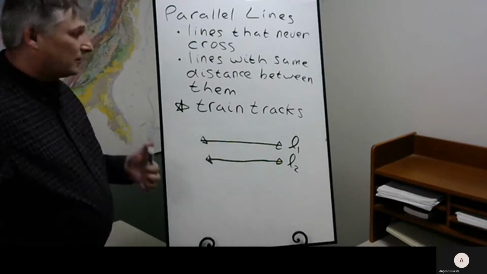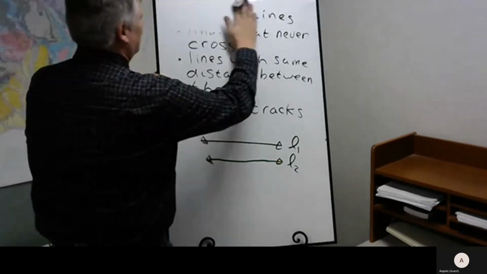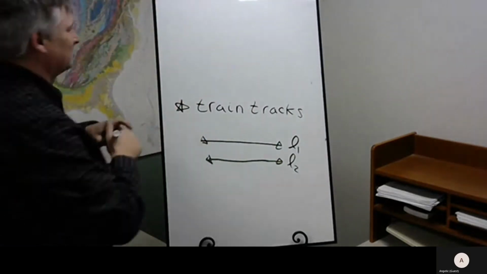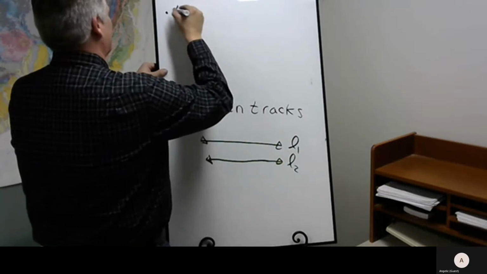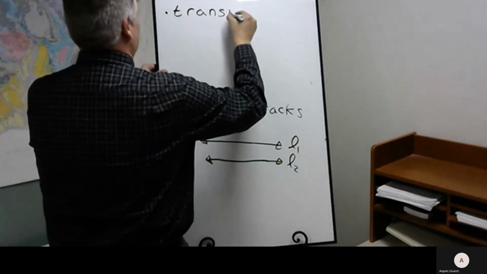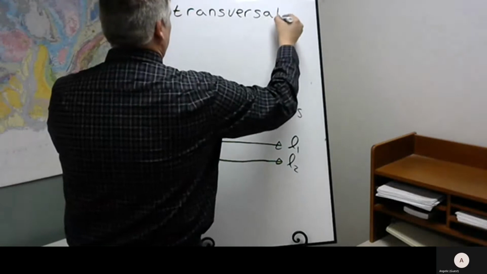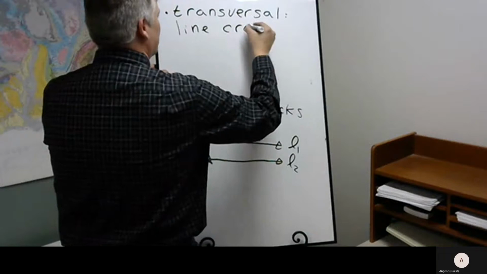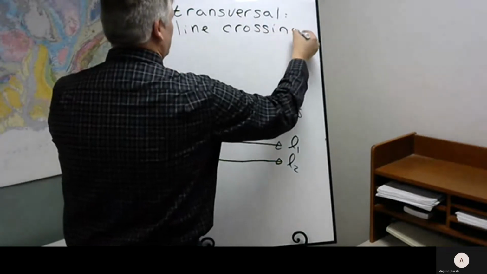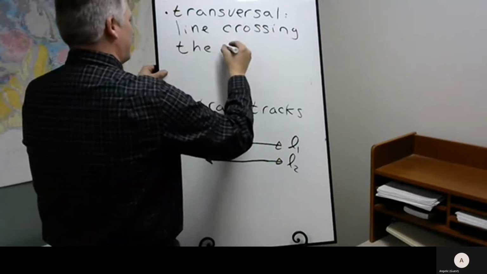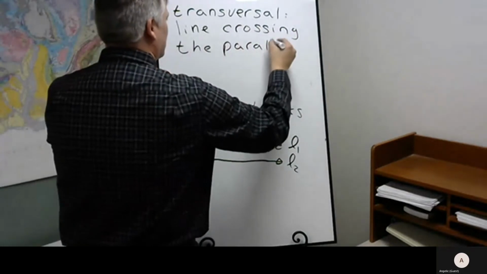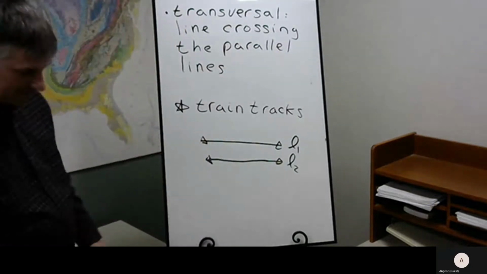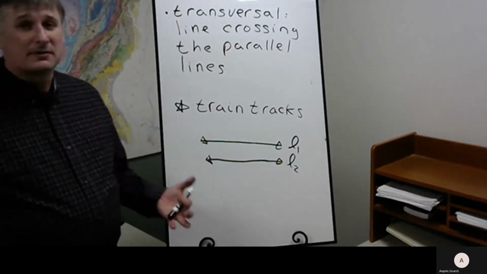Now, there's something called a transversal. It's a line crossing the parallel lines.